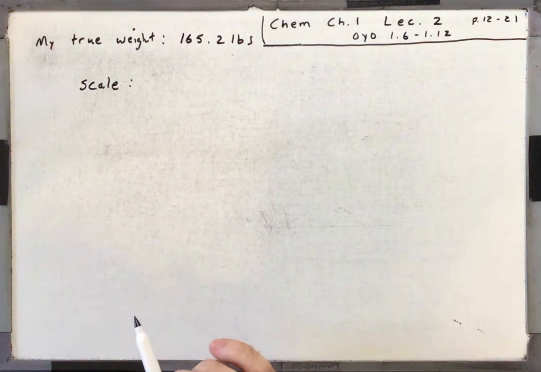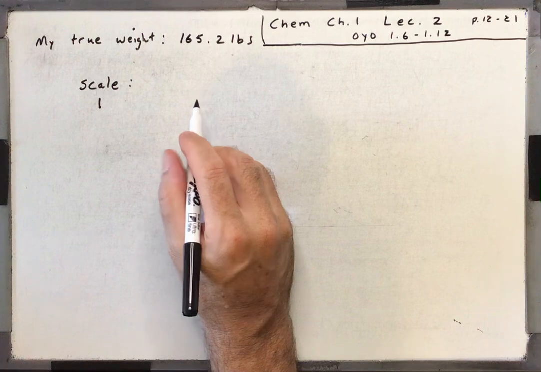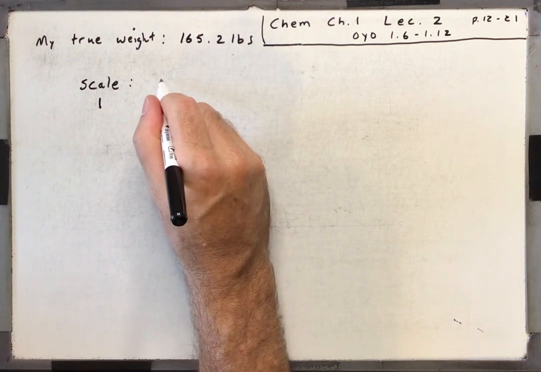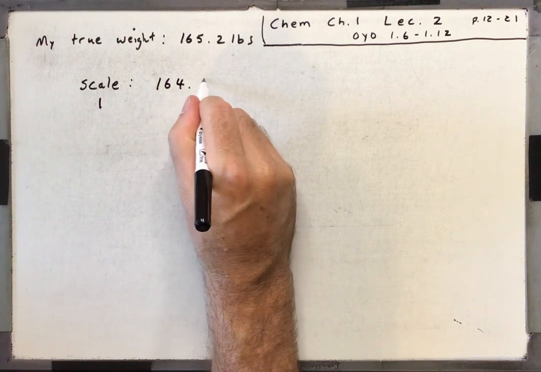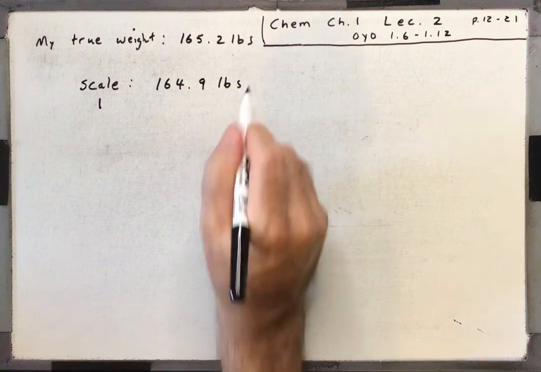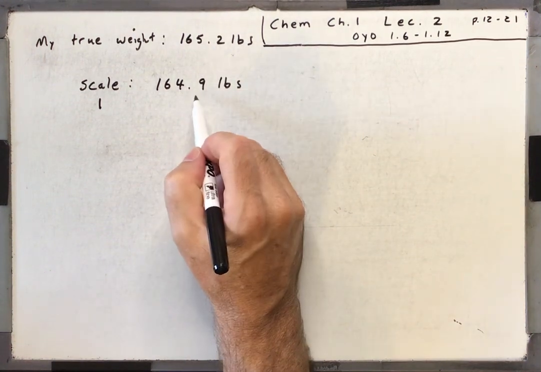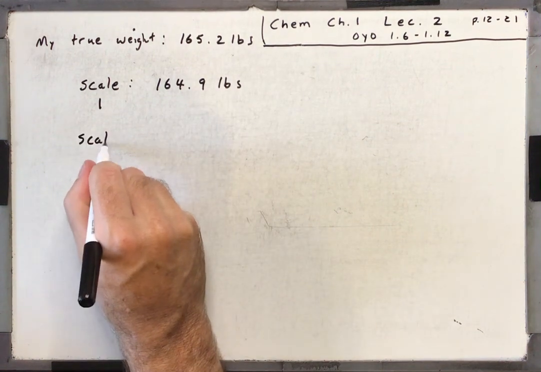That's my true weight. Scale 1 reads, if I get up on it, let's say it reads 164.9 pounds. So it goes to the tenths place. And it's pretty close to my true weight, right? Only 0.3 pounds off.